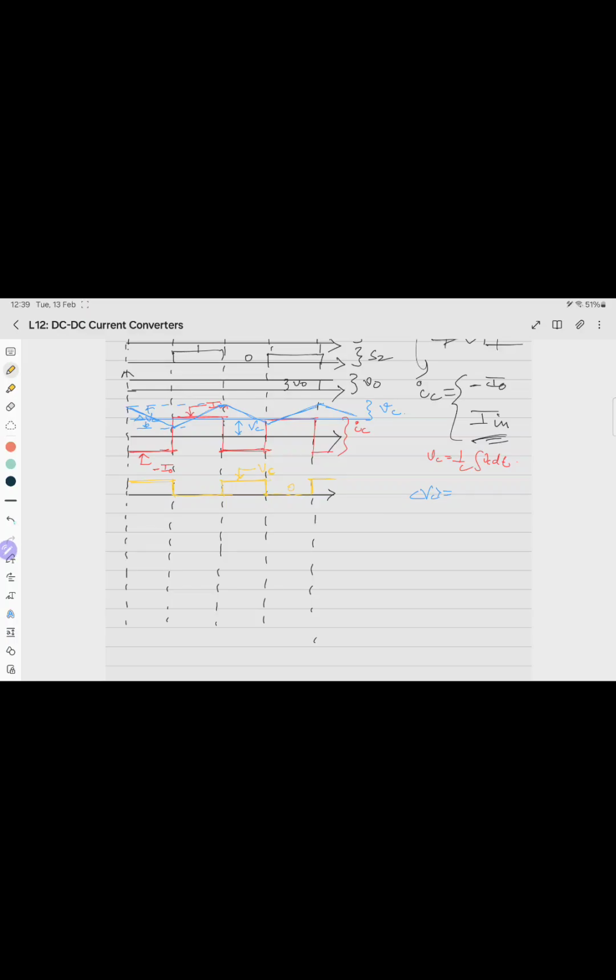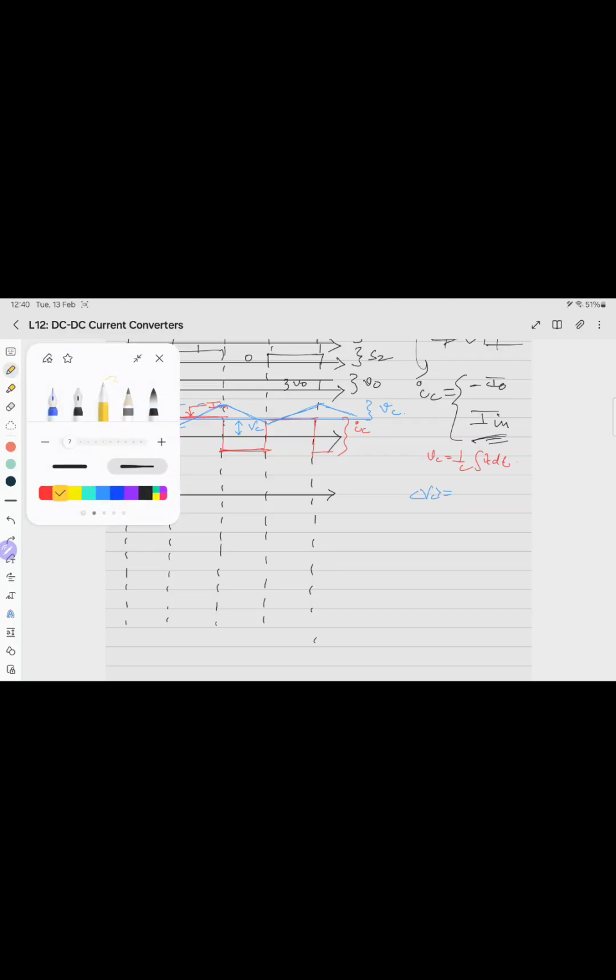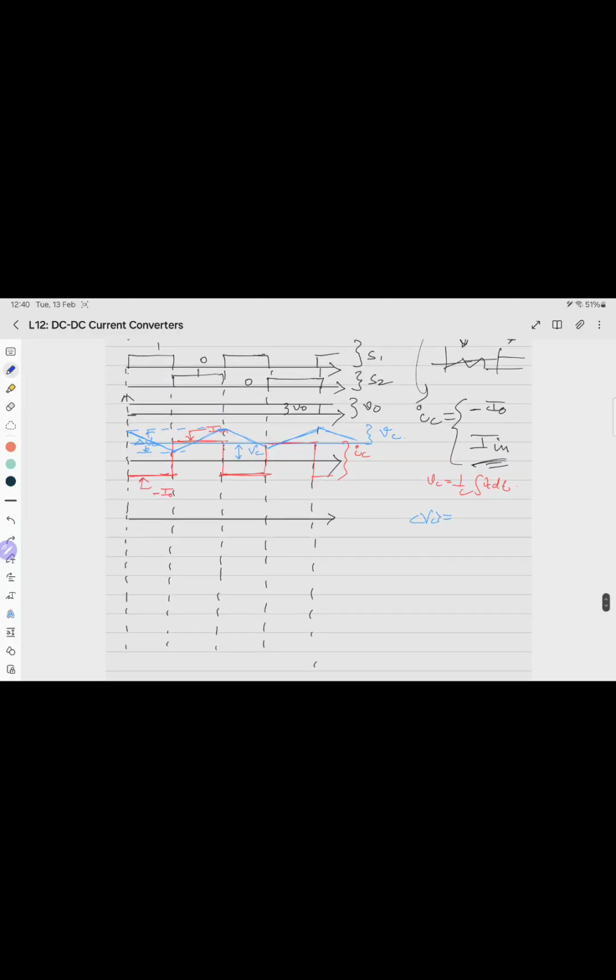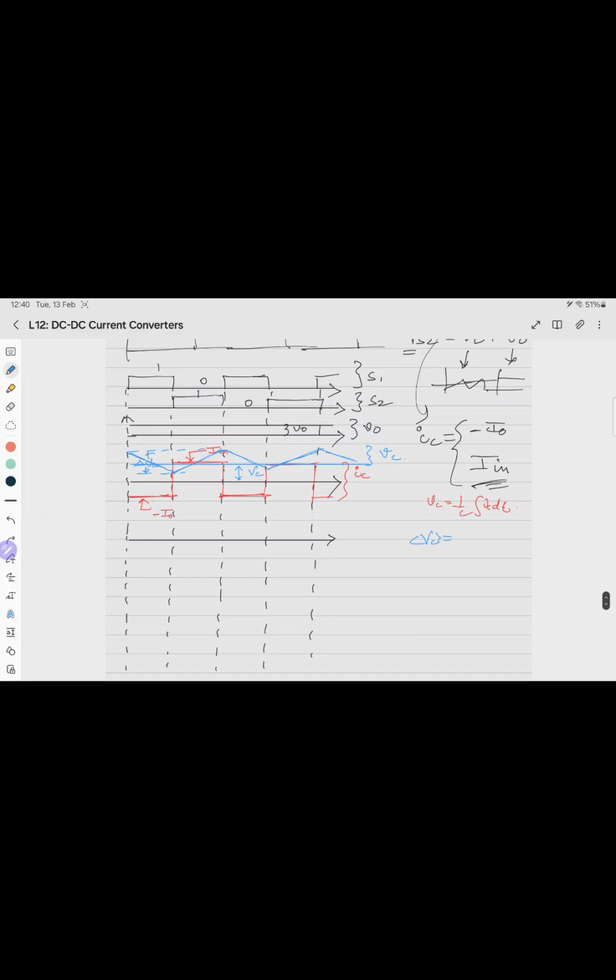Okay, I made a mistake. Okay, VC means like this. Okay, I'll use some other color. I'll use the same blue color. Like this.